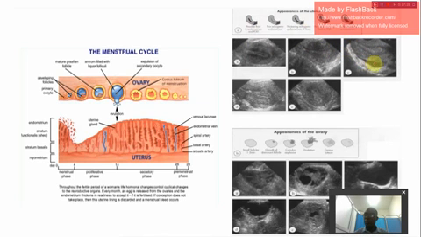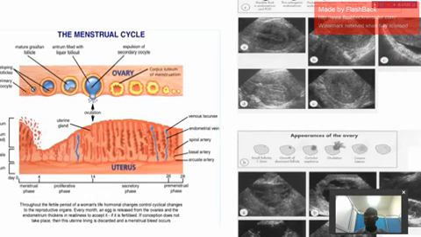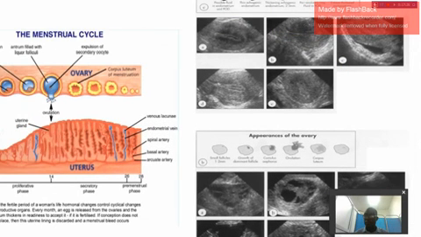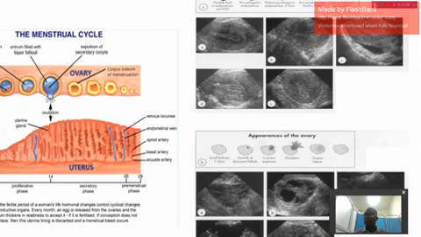So the reason why there's a free fluid here, you can see a free fluid here. This free fluid is just after ovulation. You see this free fluid in the pouch of Douglas, in the posterior pouch of Douglas.